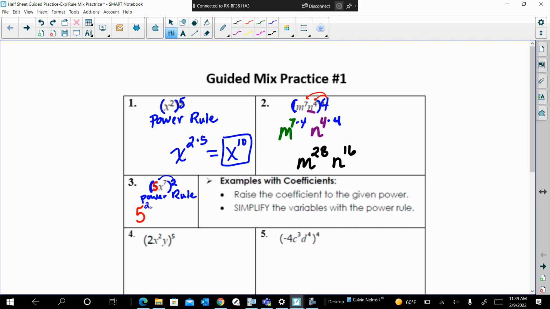I put the 2 with the coefficient, with the number. Then I go to the variable, which is x. X has an exponent of 7, but now I multiply that times 2.